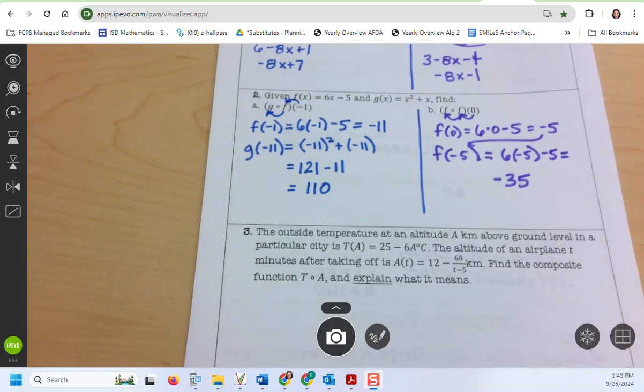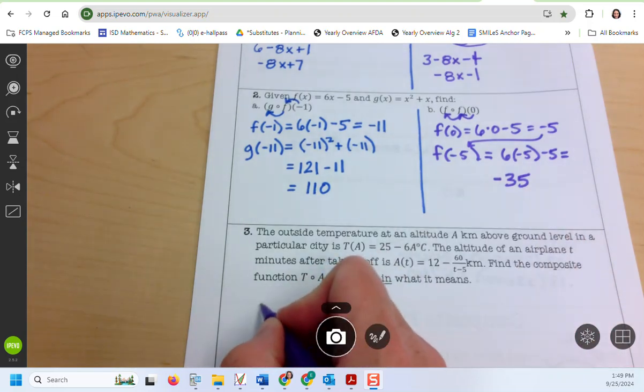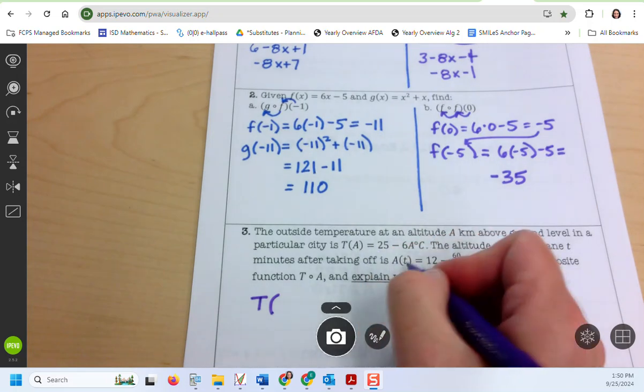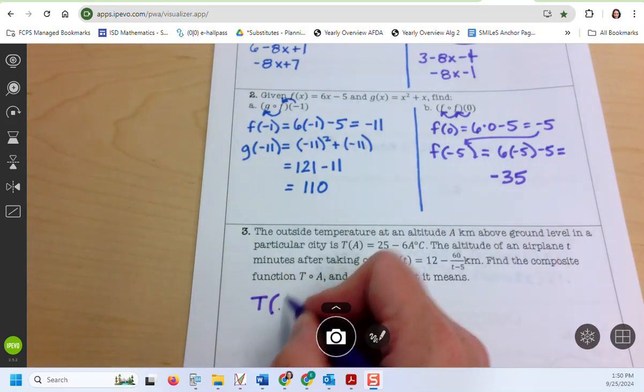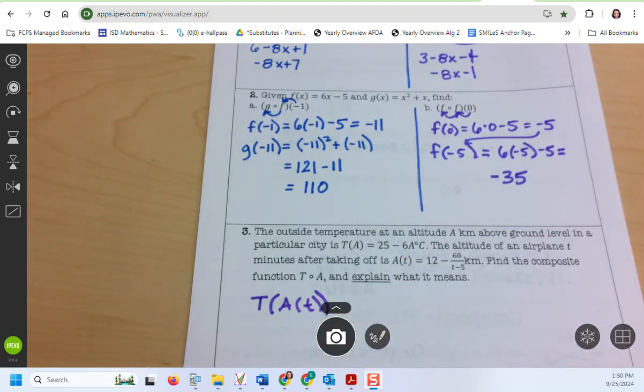So we're going to put function A into function T. So T of A, we replace A with this, A of t. Okay, so we're putting this function into this one.